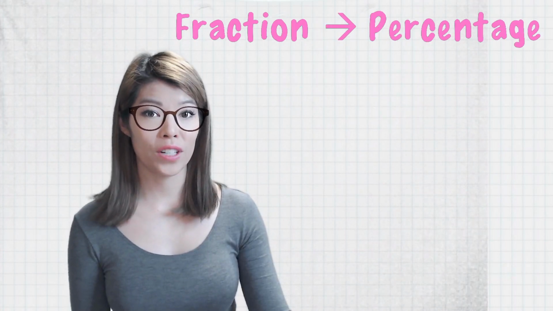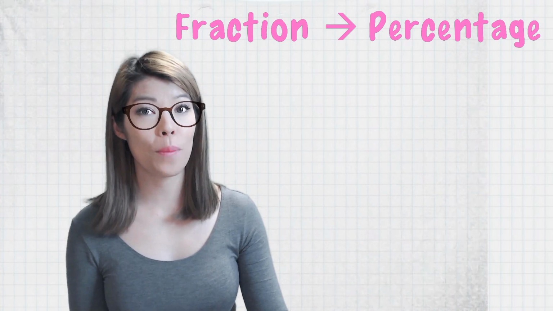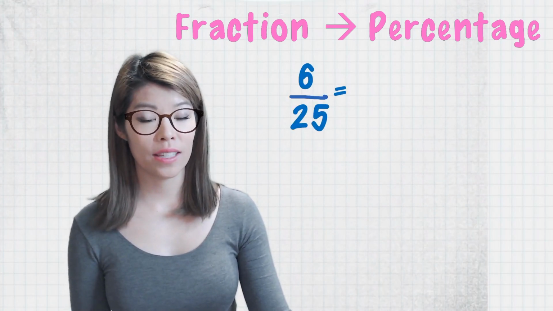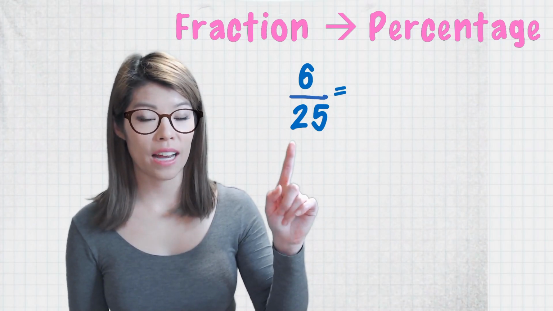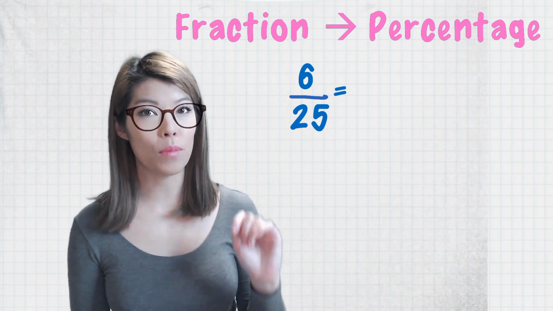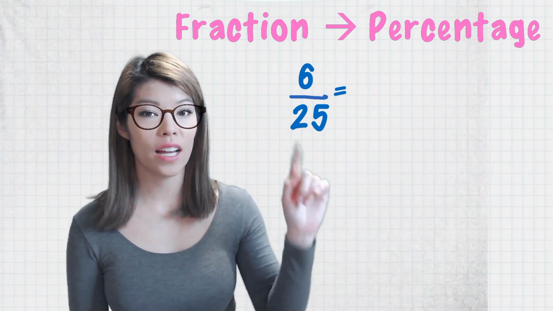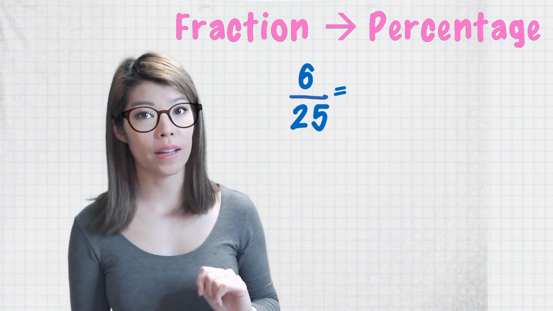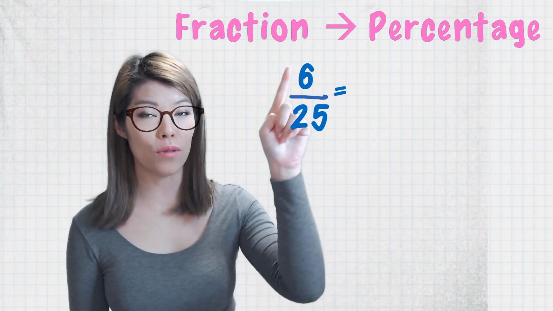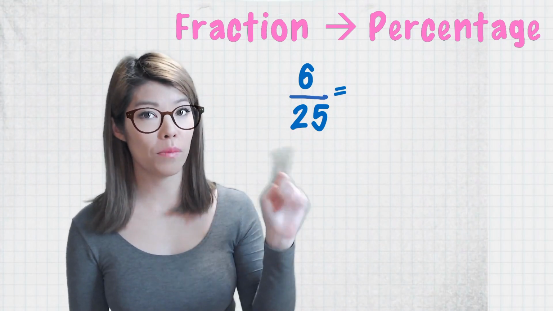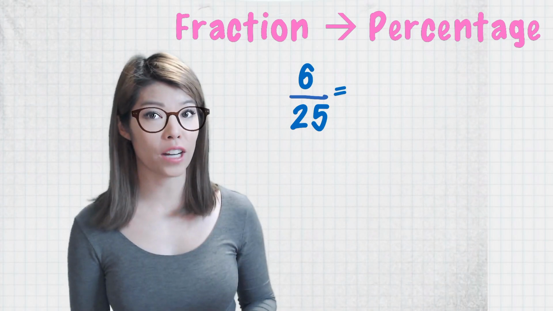So what about fractions into percentages? How do we go backwards? How do we turn 6 over 25 back to a percentage? So we look at the denominator and we think, what can it be multiplied by to get to 100? Well, 25 can be multiplied by 4 to get to 100. So we do the same to the numerator because whatever you do to the bottom, you do to the top to keep the fractions equivalent.